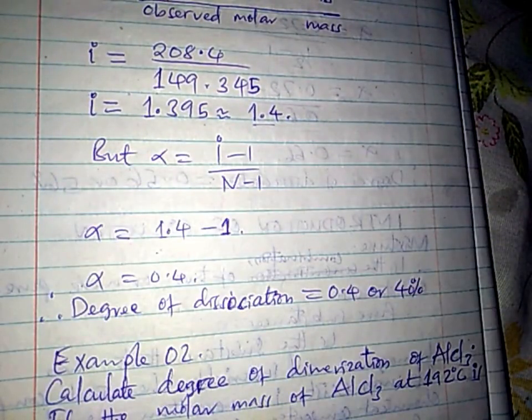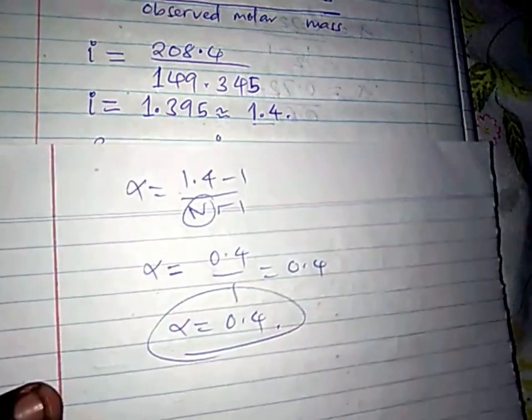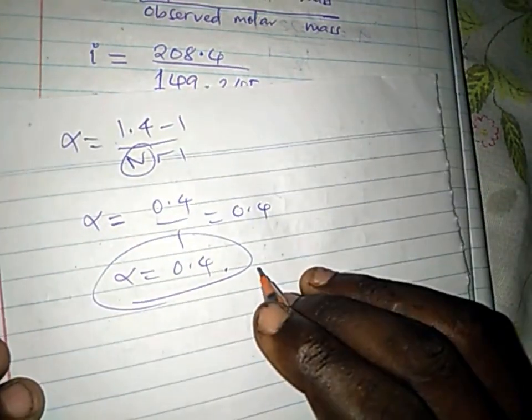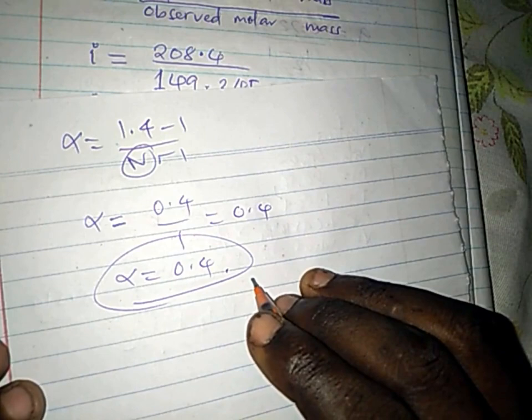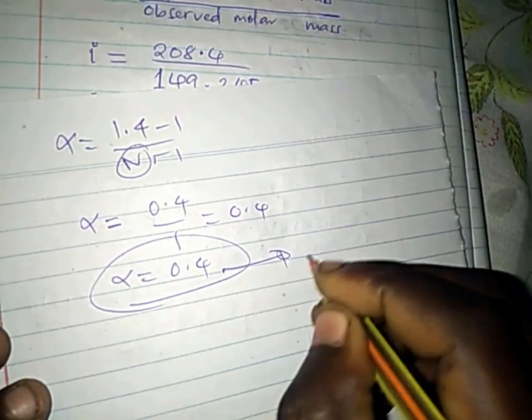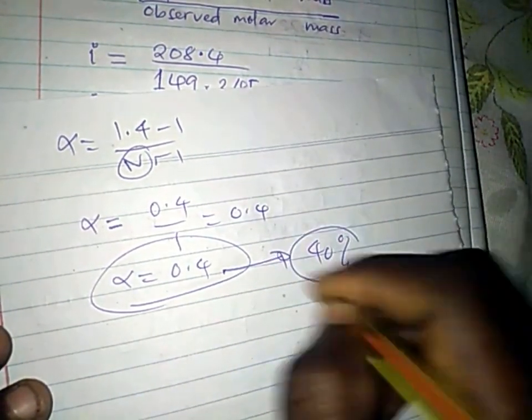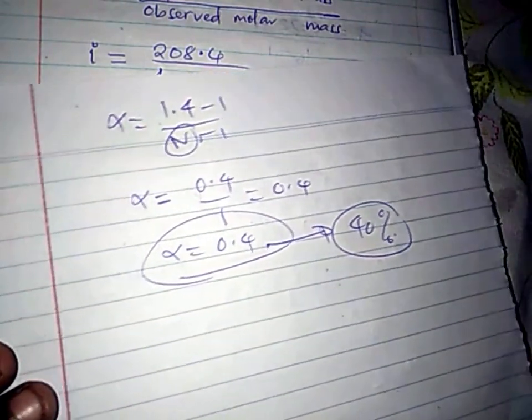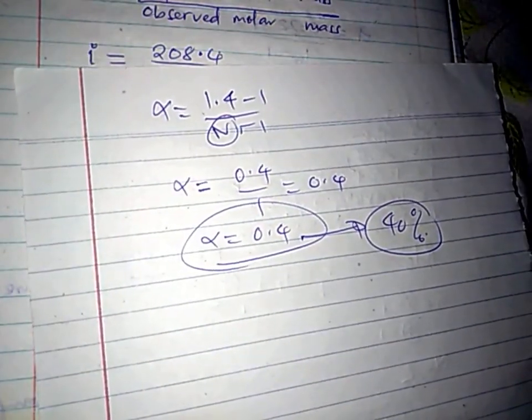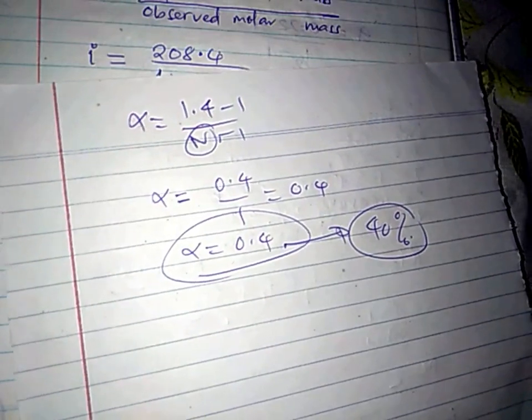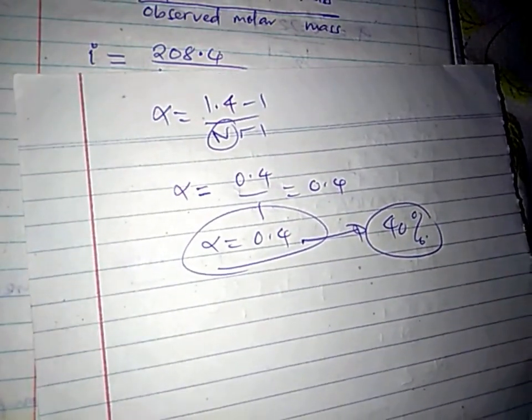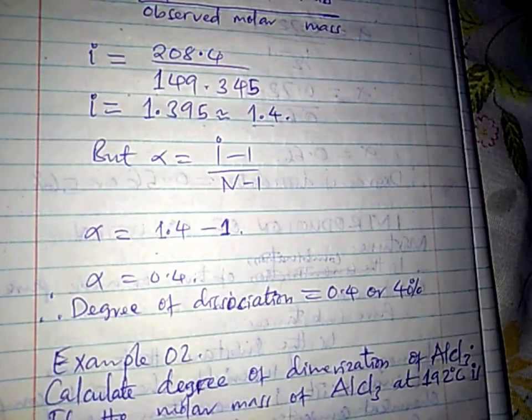That's the answer. Or if you represent it in a percentage, you can multiply it by 100 and then you get 40 percent. It can be represented as percentage or as decimal. So that's the end of the first question.